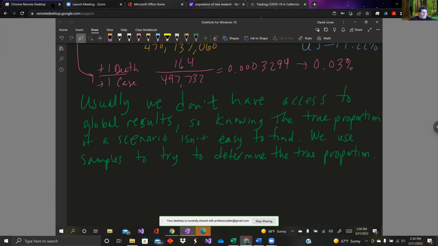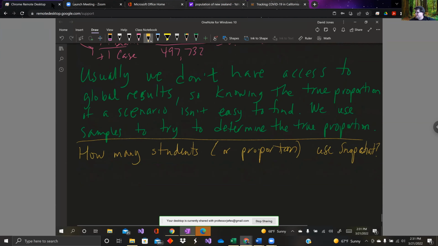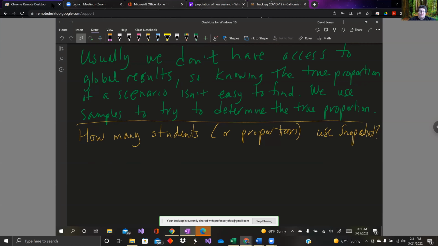What if I wanted to say, let's see, how many students use Snapchat? Let's do something simpler. Or the proportion of students, because that's probably a better question. Now, I will admit, I totally made up the numbers I'm about to use. I have no idea if they're accurate.